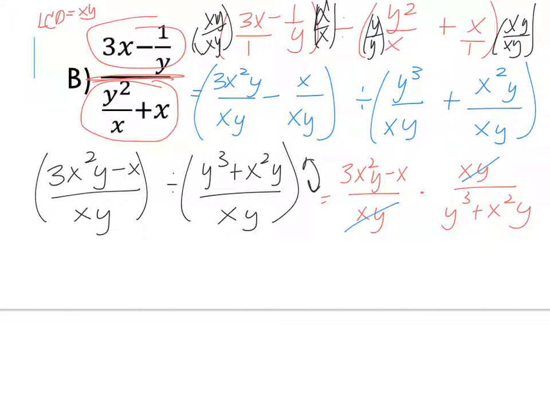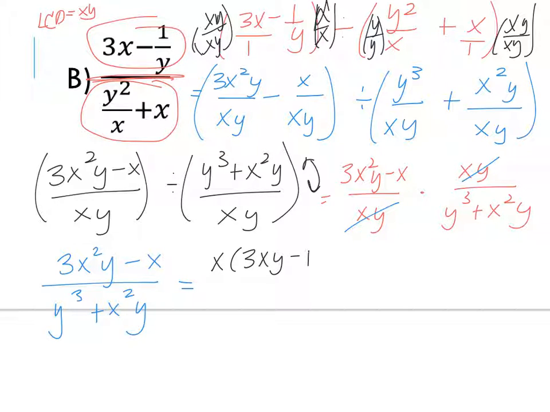And let's try and factor if we can. First of all, let's put them together. So if I put them together, we will get 3x squared y minus x over y cubed plus x squared y. I notice in the numerator I have a greatest common factor of x. I'm going to take out an x, and that leaves me with 3xy minus 1.